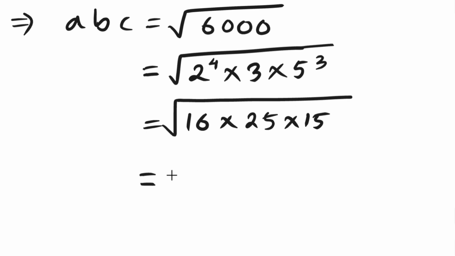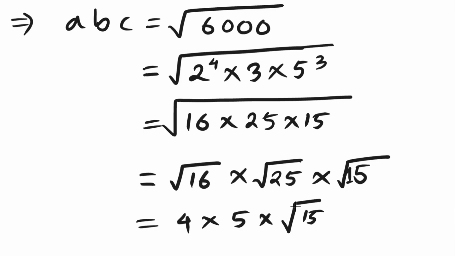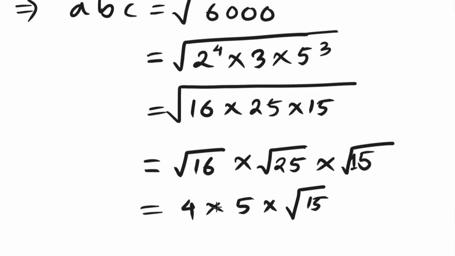So the square root of 6,000 becomes the square root of 16 multiplied by the square root of 25 multiplied by the square root of 15. The square root of 16 is 4, the square root of 25 is 5, and the square root of 15 cannot be simplified any further. Multiplying 4 and 5 gives us 20, so we obtain a multiplied by b multiplied by c equals 20 square root of 15.